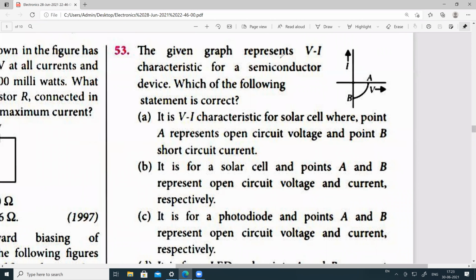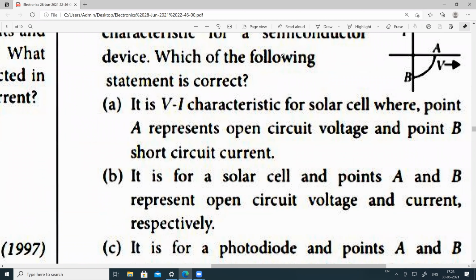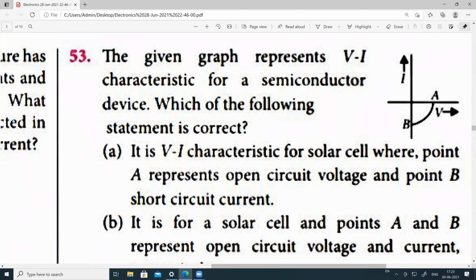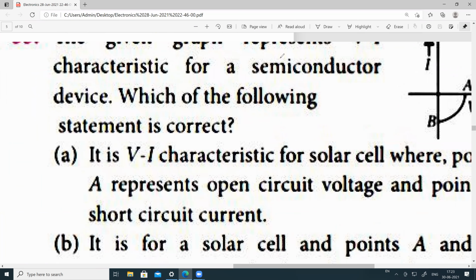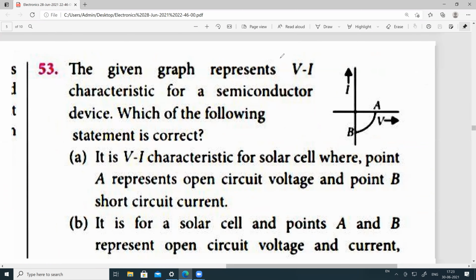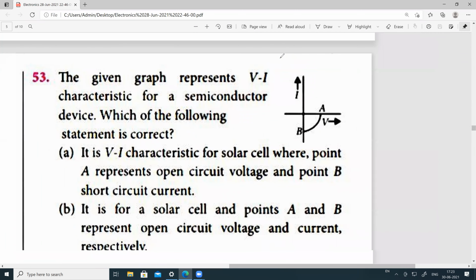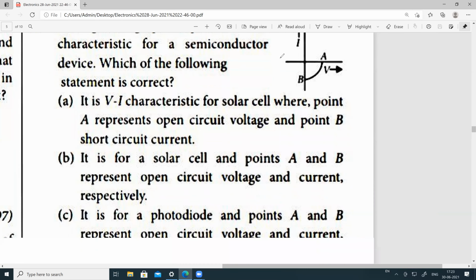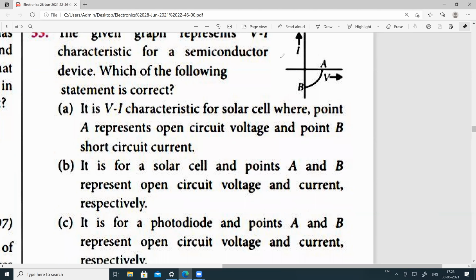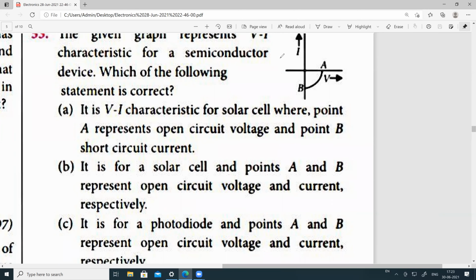Next, 53rd one. The given graph represents VI characteristics for a semiconductor device. Which of the following statements is correct? First option, it is VI characteristics for a solar cell, where point A represents open circuit voltage and point B short circuit current.